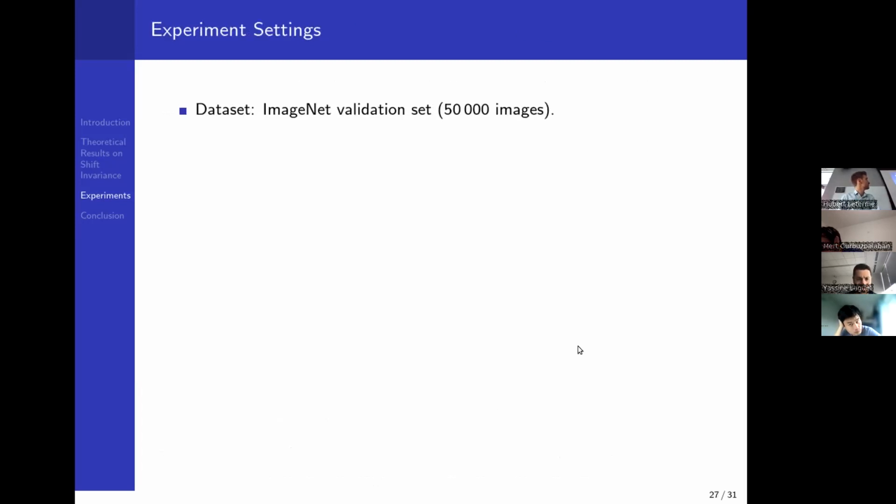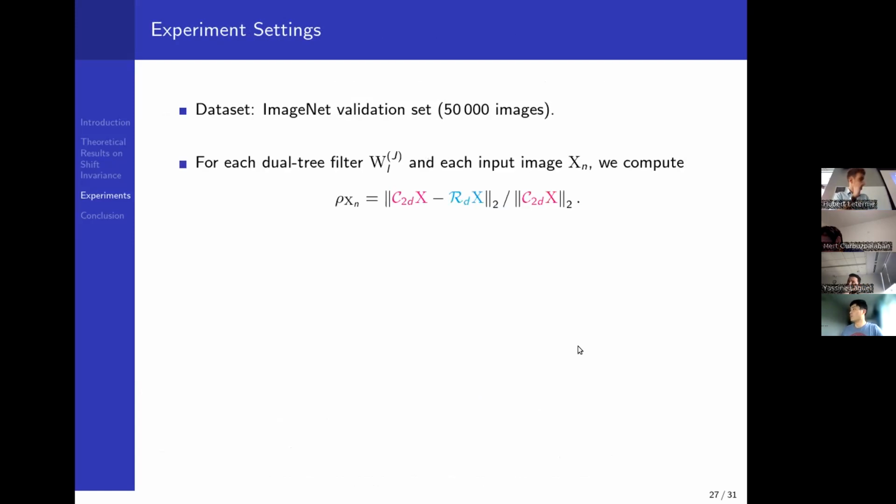So the experiment setting is, in the data set, we used 50,000 images from the ImageNet validation set. And for each dual tree filter and each input image, we compute this quantity. So this quantity is the discrepancy between the two outputs, and it's actually a realization of the previously defined random variable.